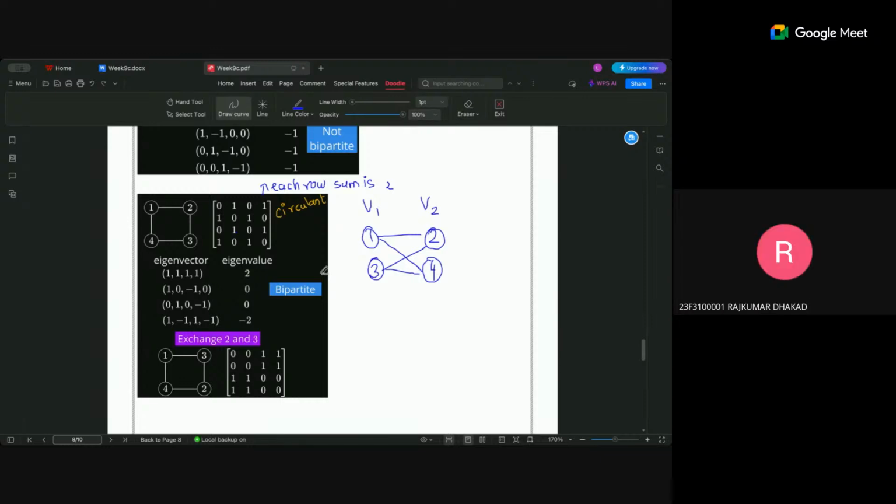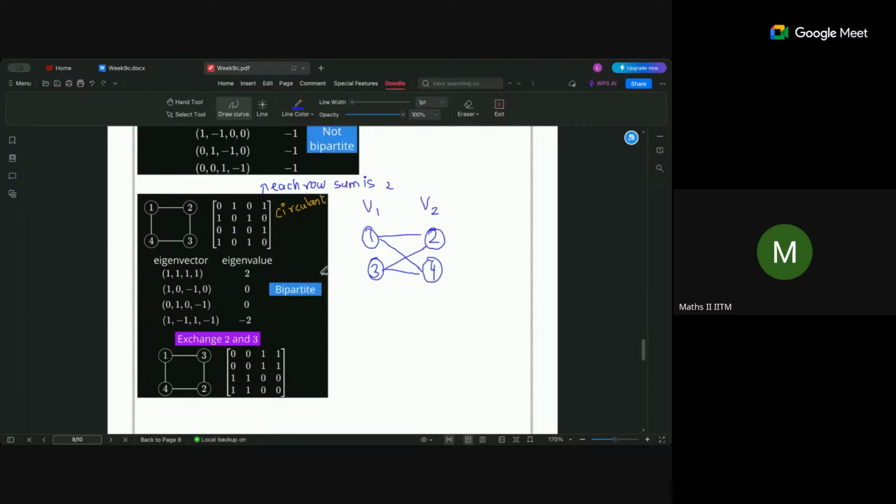Ma'am, if the matrix is 5 by 5 and three of the eigenvalues are zero, and the other two are negatives of each other, then is the graph also bipartite? Yes, it is bipartite. Apart from the zero eigenvalues, if the non-zero eigenvalues are negatives of each other, then it is still bipartite.